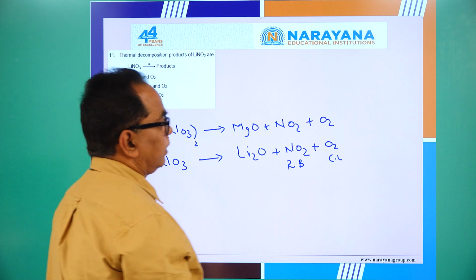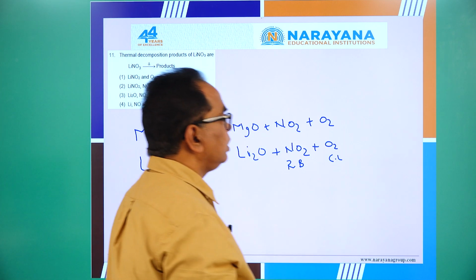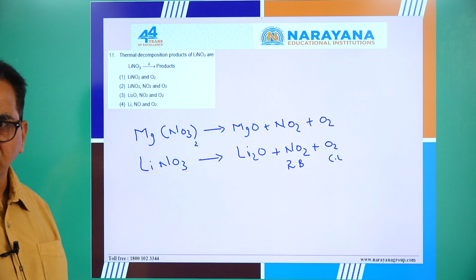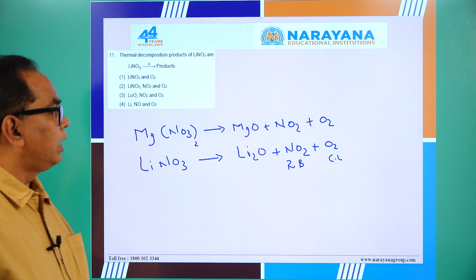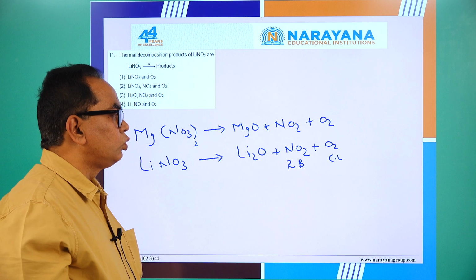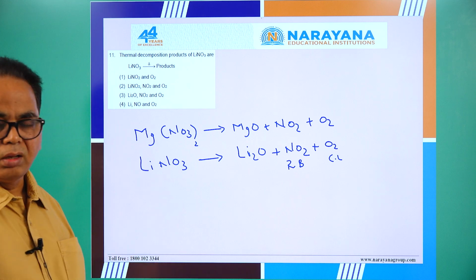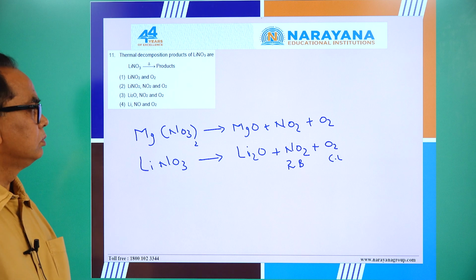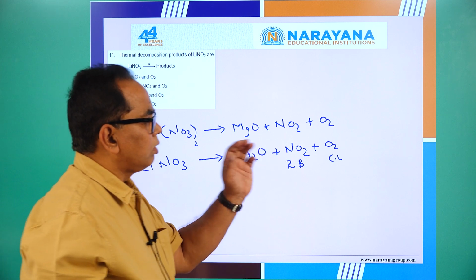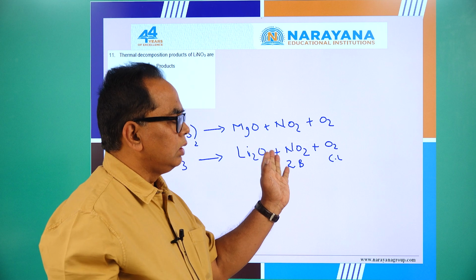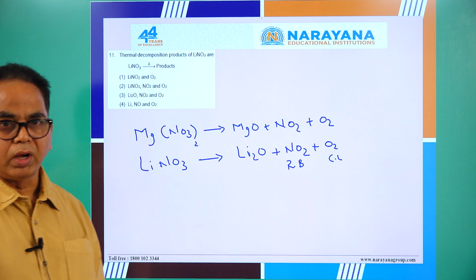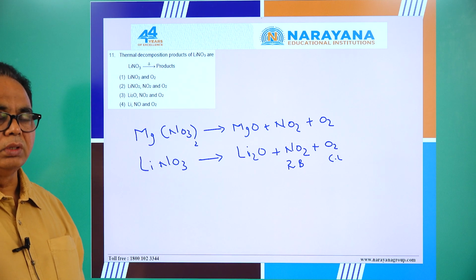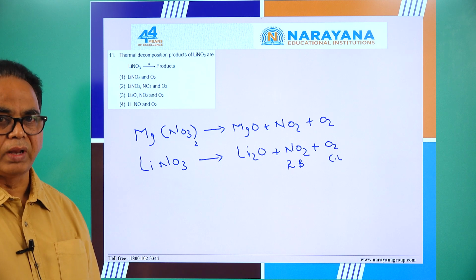Of course, the paramagnetic nature of O2 we decide based on molecular orbital theory, but in the case of the NO2 molecule, its paramagnetic nature can be decided just by counting the total number of electrons. In heteroatomic molecules, when the total number of electrons is odd, then we may expect paramagnetic nature.